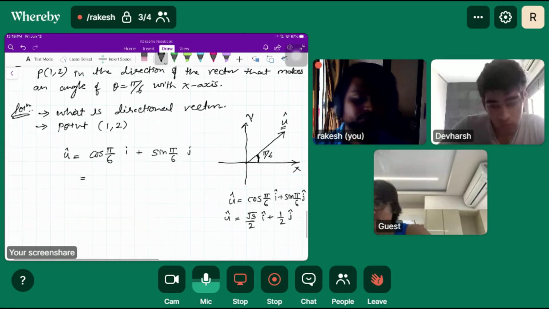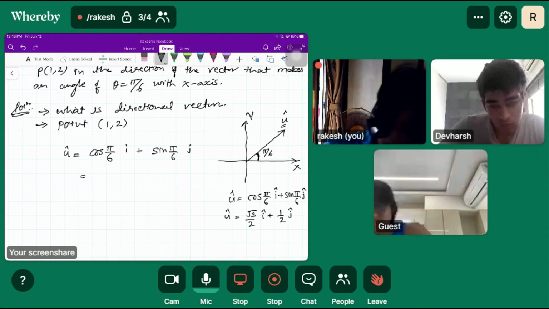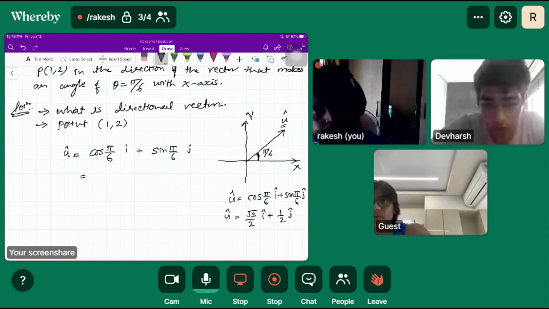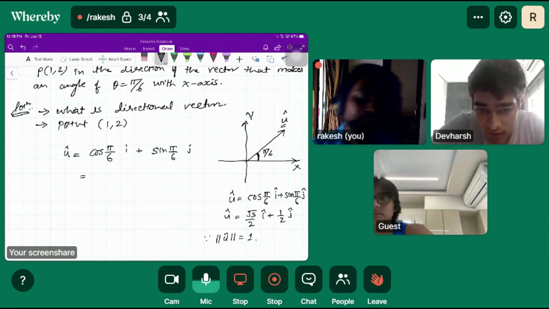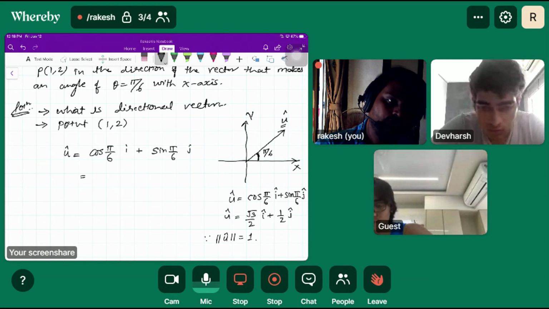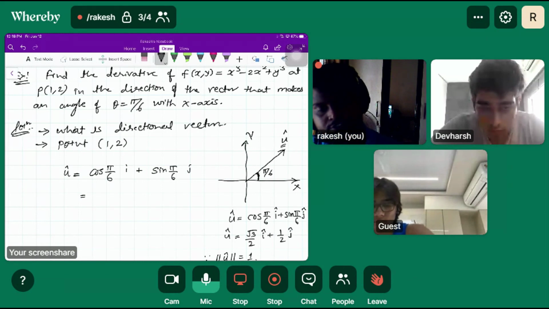Why am I saying this is a unit vector? Because if you square both the coefficients and add them, you get 1. The magnitude is 1, so therefore it is a unit vector. We always want a unit vector.